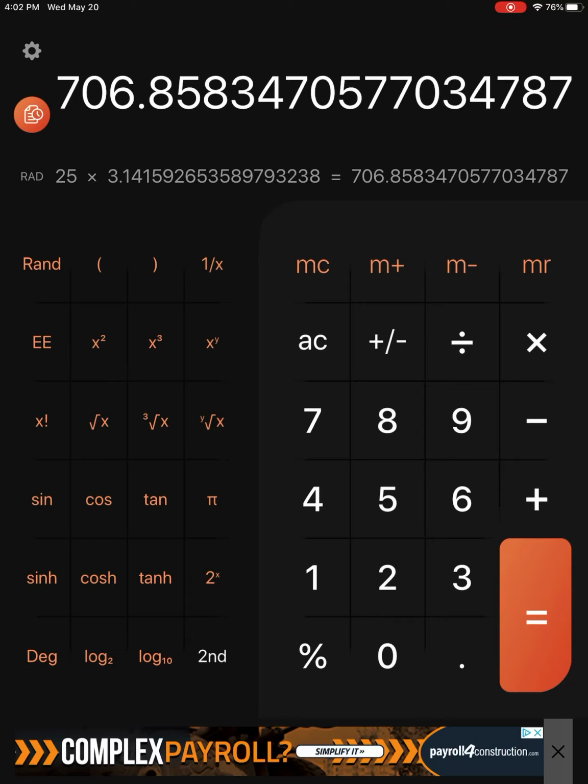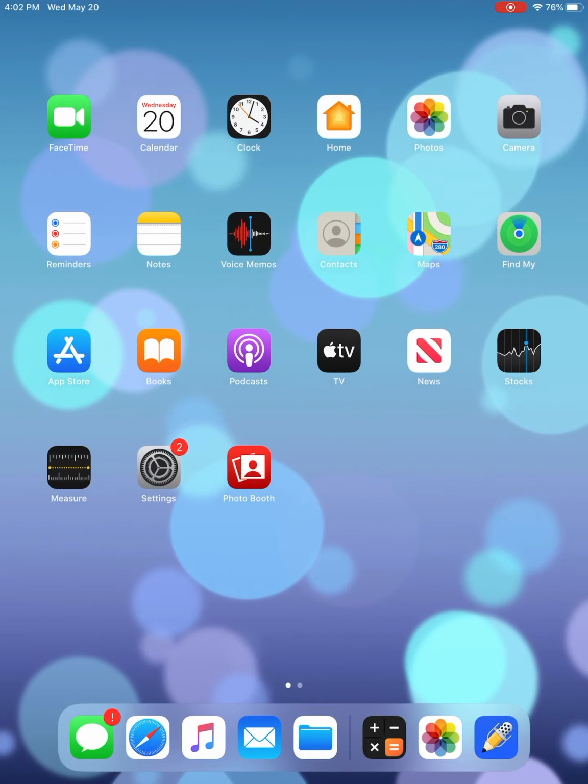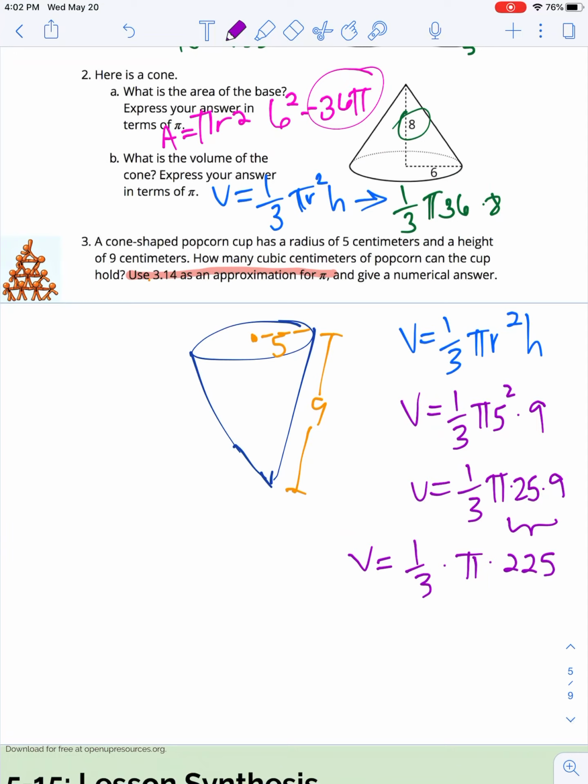And then divide by 3. And I get this number, 235.6. Okay, so this whole thing is 235.6. That's your volume.